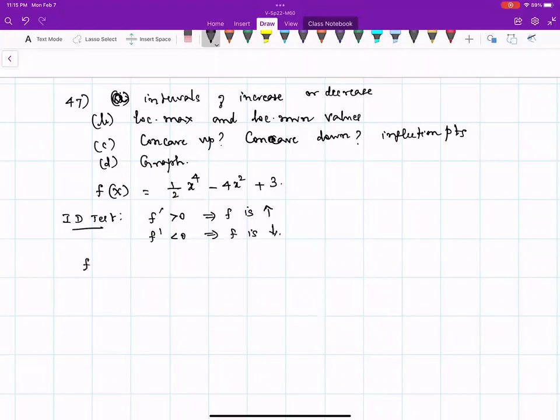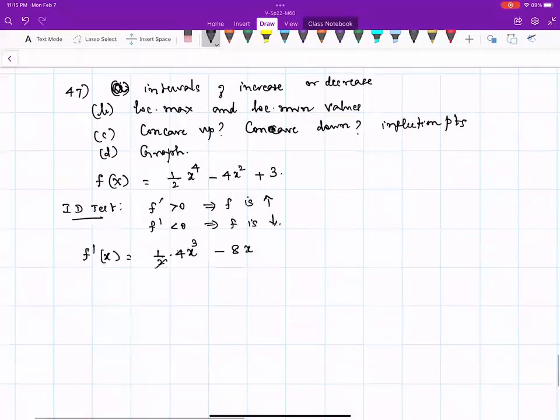So let's start off with the derivative of the function. It is 1/2, which is a constant, times the derivative of x to the power 4, which is 4x cubed, minus the derivative of 4x squared, which is 8x, and the derivative of 3 is 0. So it's just 2x cubed minus 8x.